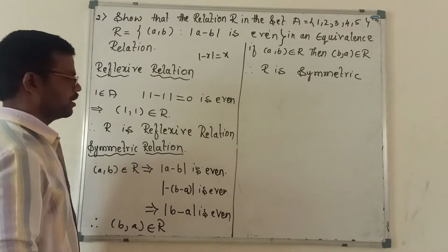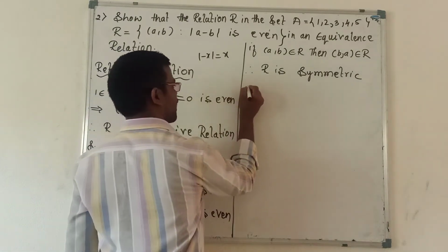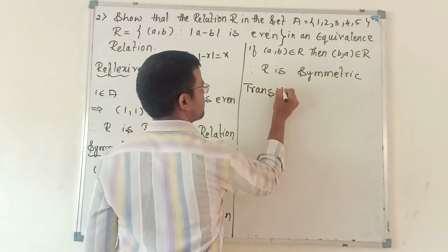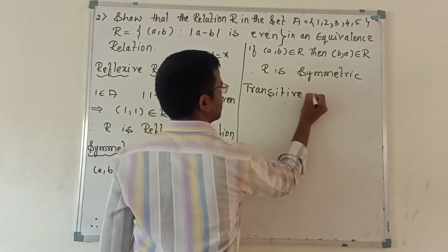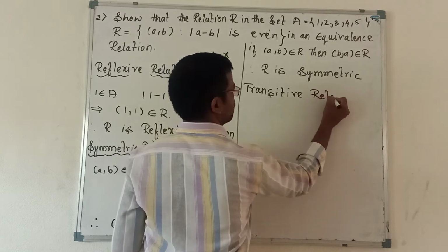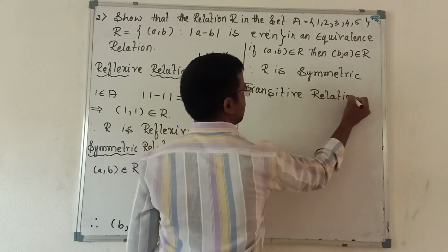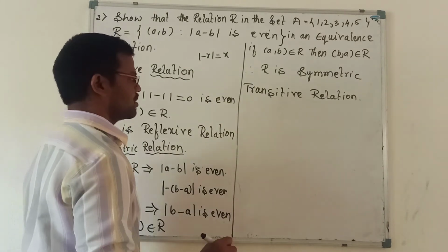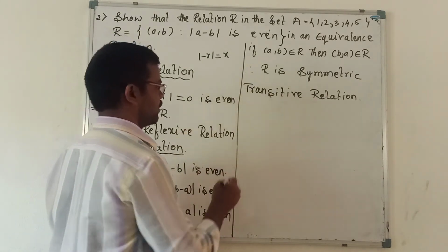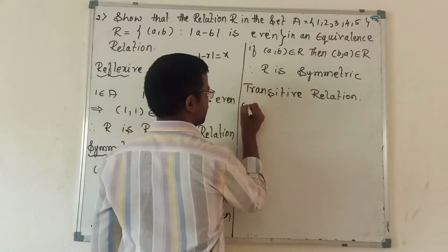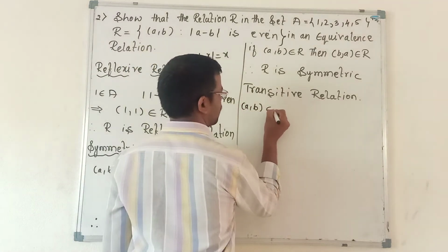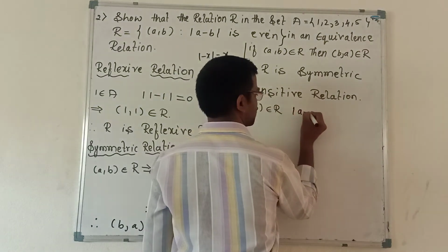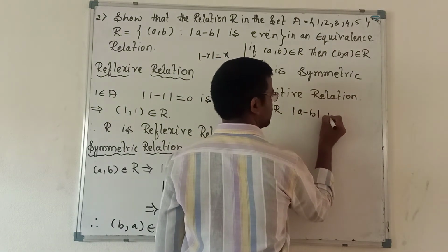Next we come to the other one, the transitive relation. For a transitive relation, we need two pairs, that is (a, b) belongs to R. It means mod of a minus b is even.